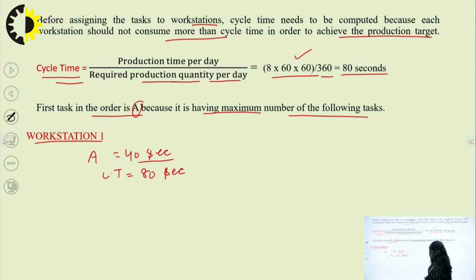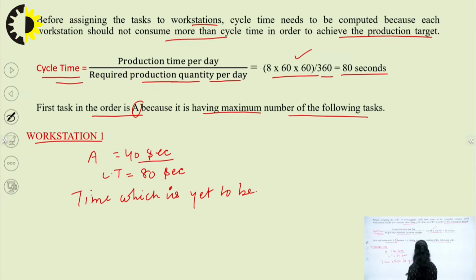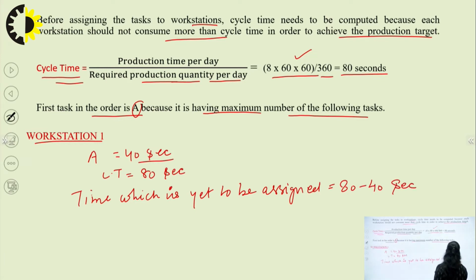So the time which is yet to be assigned will be 80 minus 40 seconds. This is 40 seconds.